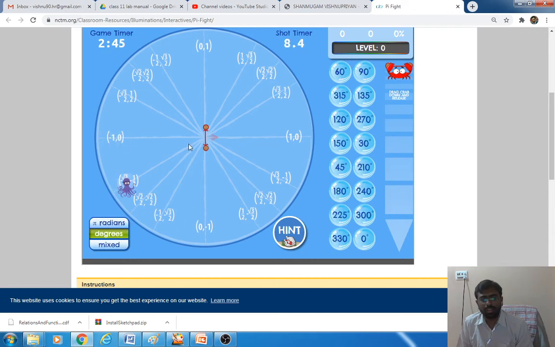Okay, click, and if this particular thing is 180, 260, so if I click 240 and it is 270, it is missed. If you click and drag this, okay, so again you can click on 225, okay, 240, 30, 150, okay, this is not coming.